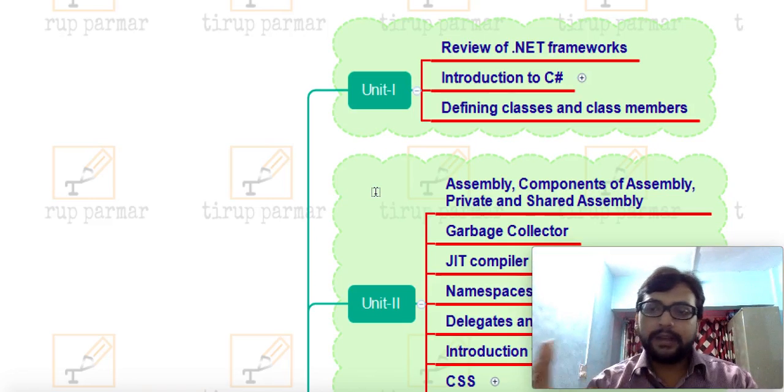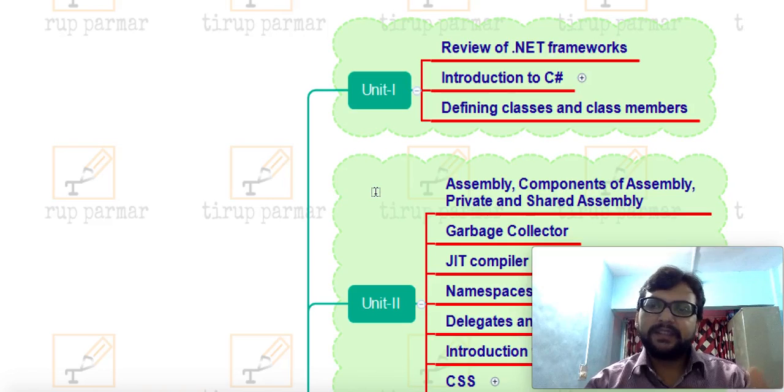So before starting, let's discuss what our subject's name is. As we said, our subject's name is C Sharp with ASP.NET. So basically we need to study two languages in this particular subject. One is C Sharp. Now C Sharp is a combination of C, C++ and Java language.